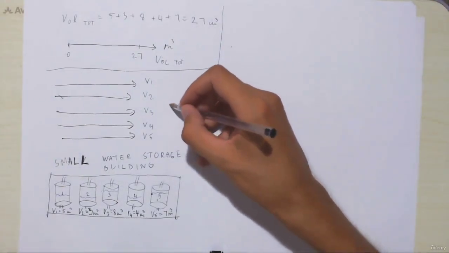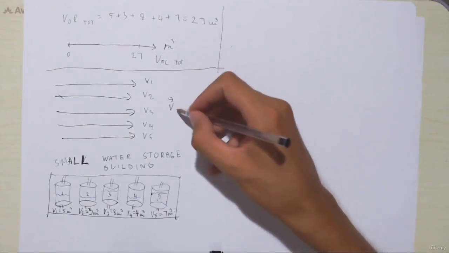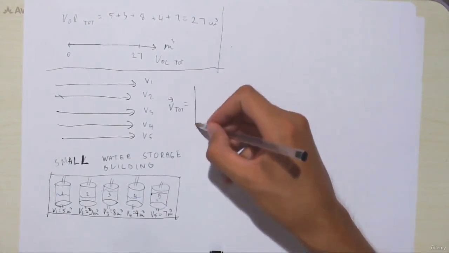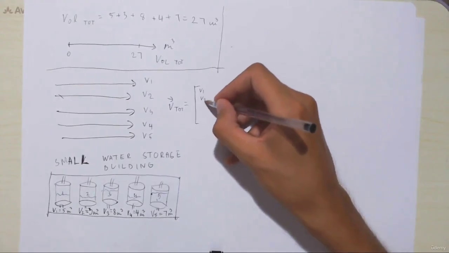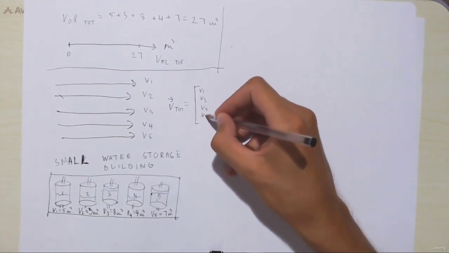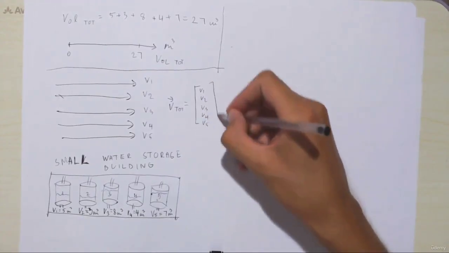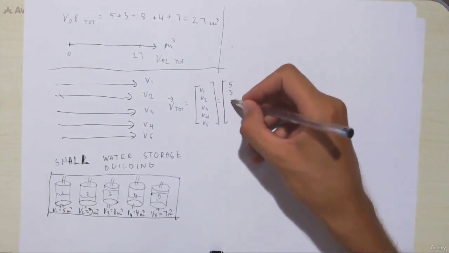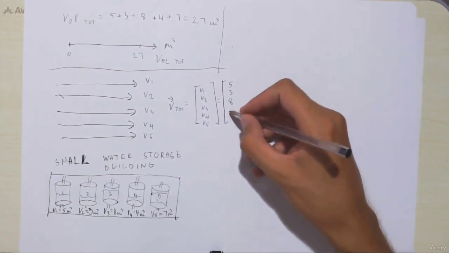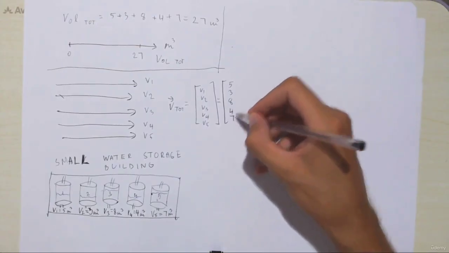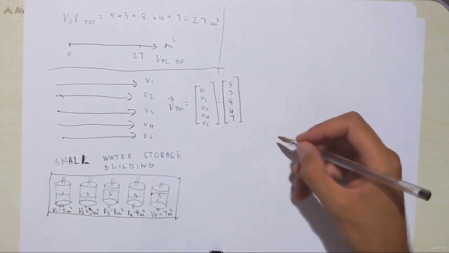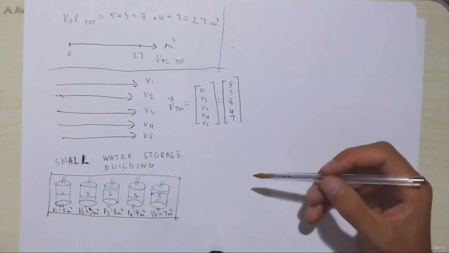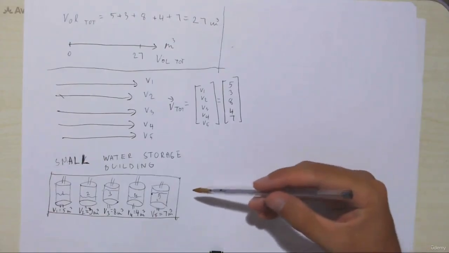So you would write something like this. The total volume of water would be V1, V2, V3, V4, and V5, and you represent them like this: 5, 3, 8, 4, and 7. And now you have a 5-dimensional vector that stores the information about the volume of water per tank.